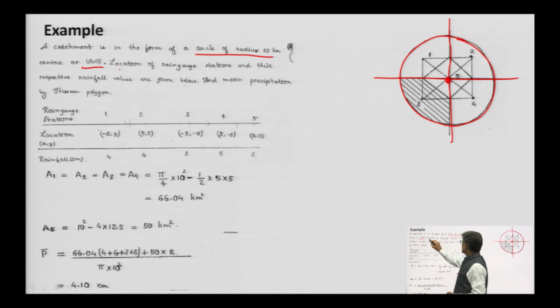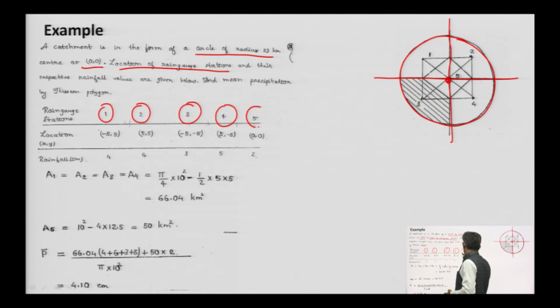The locations of the rain gauge stations and their respective rainfall values are given below. These are locations 1, 2, 3, 4, 5. Five rain gauge stations are present in that catchment area.